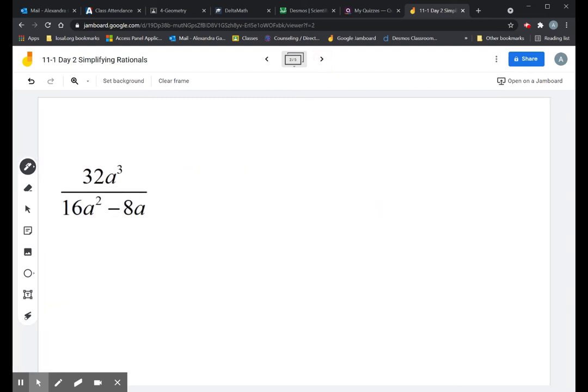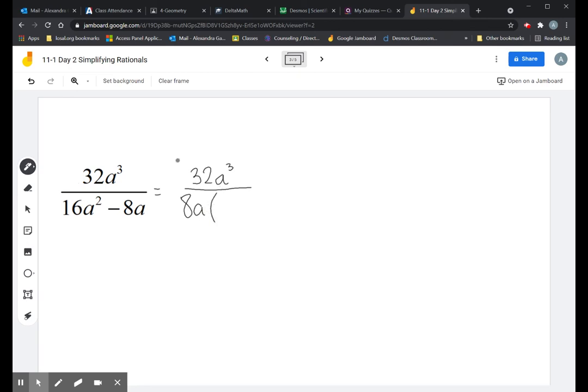Looking at another one, I've got a monomial at the top, so the top of my fraction just stays the same. But I have a binomial, so more than one term, we're going to check if it's factorable. It looks like 16 and 8. I can factor out an 8 and an a.